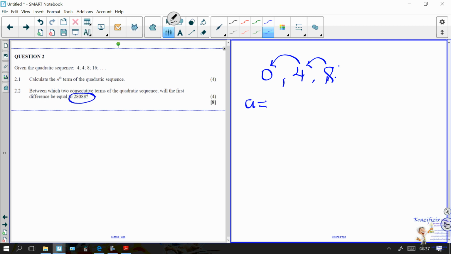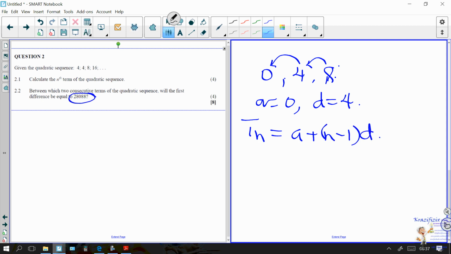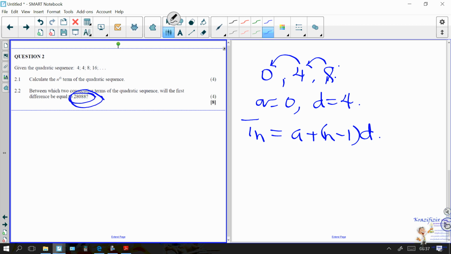So what is my a? My a is 0, because this is an arithmetic sequence. What is my d? My d is 4. Now I am looking for Tn. What is Tn? a plus n minus 1 times d. Now the question is, we need to find this term here. Remember, it says between which two consecutive terms of the quadratic.